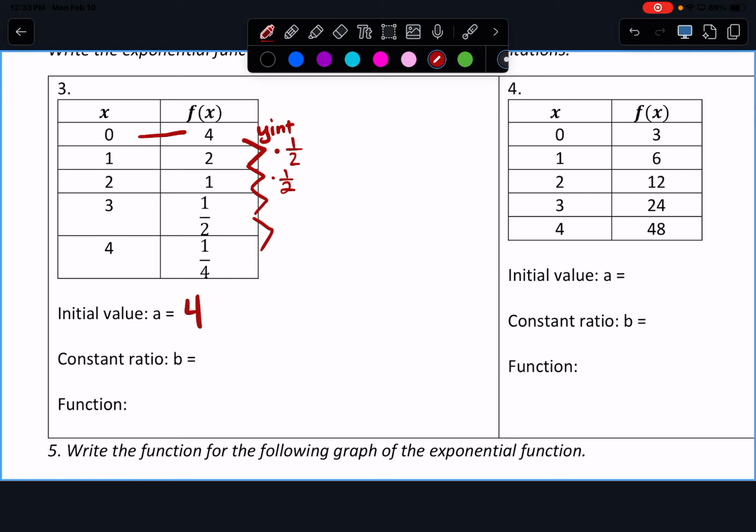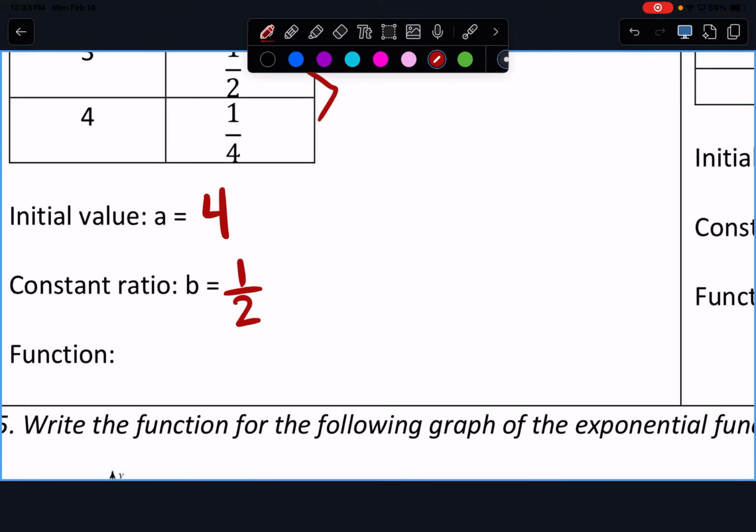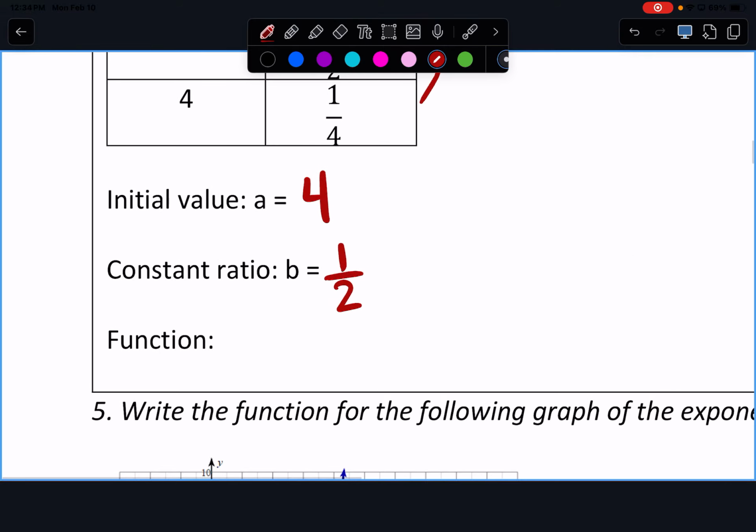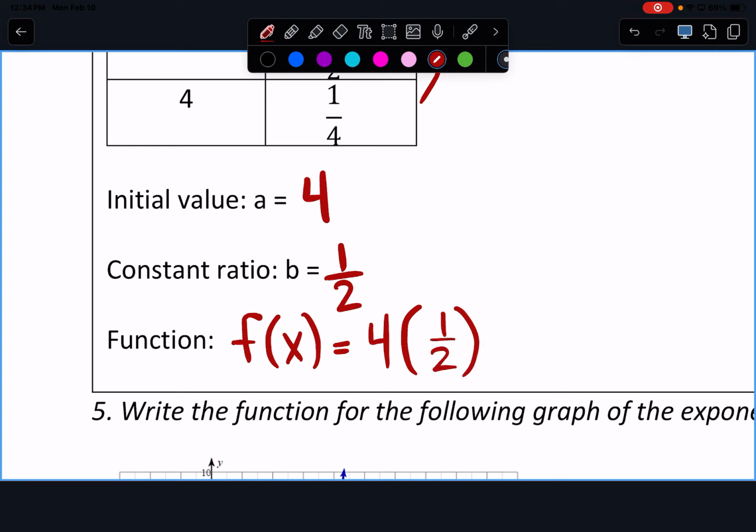And so what does that make our constant ratio? 1/2. And so now we are good to write our equation. We do f of x is equal to a times b. So what is a? And then times b, what's b? To the what power? X. And that is our answer.